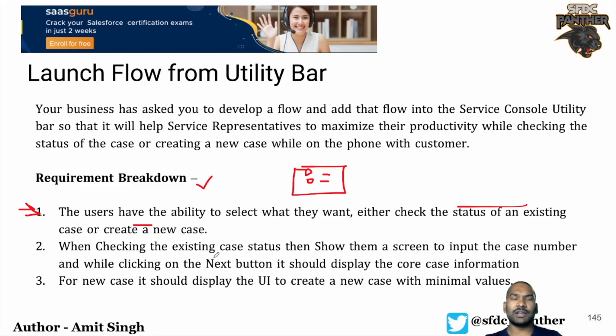If they choose to check the status and click on next, the user must be prompted to enter the case number on the screen. Once they enter the case number, the status of the case is displayed when they click on next.